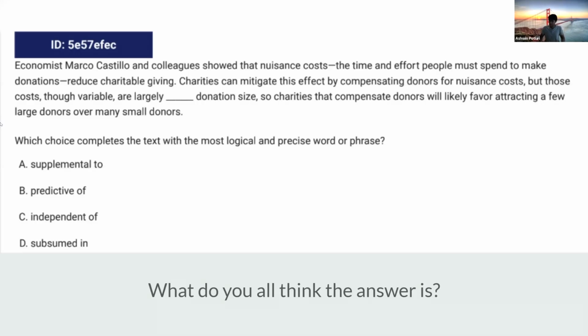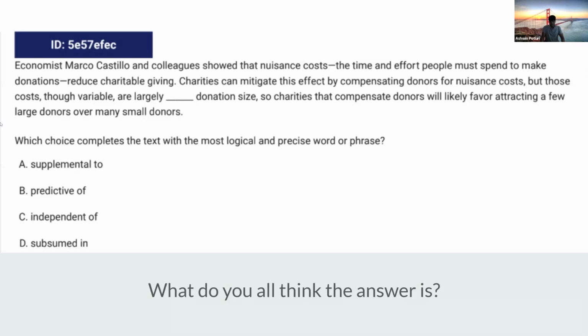Now let's take a look at D, subsumed in, which is essentially a part of. Subsumed essentially means a part of, joined, included, kind of like absorb. Charities can mitigate this effect by compensating donors for nuisance costs, but those costs, though variable, are largely subsumed in donation size. They're a part of the donation size.